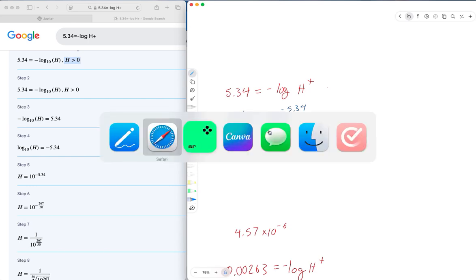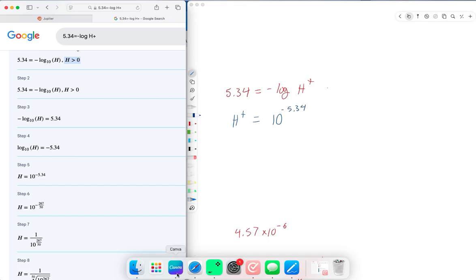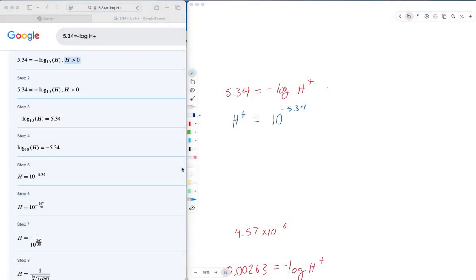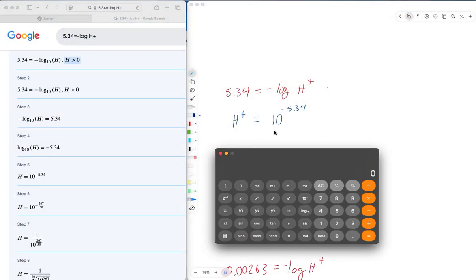I knew there was a way to do it, that there was some methodology there. All right, so then when you rearrange that, you're going to do 10 to the power of negative 5.34. I'm going to do 10^x actually.